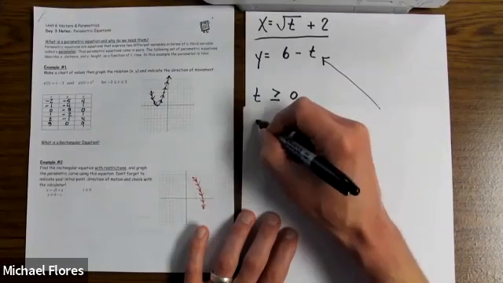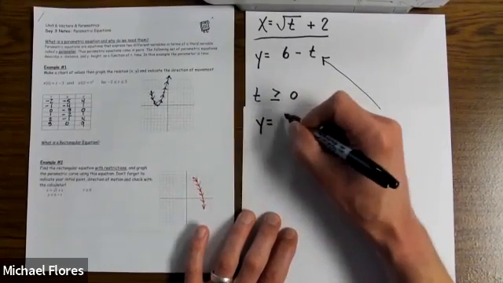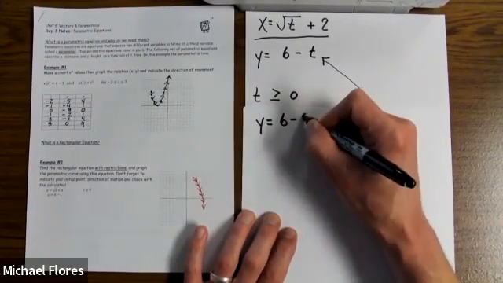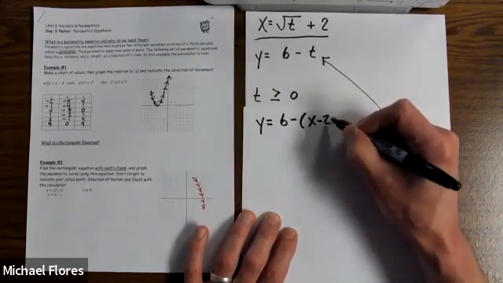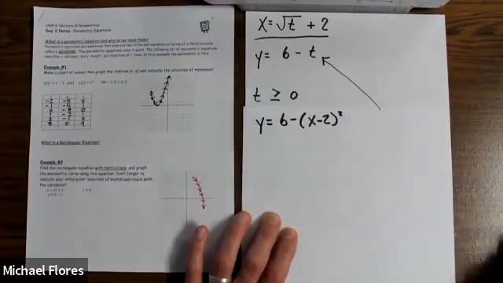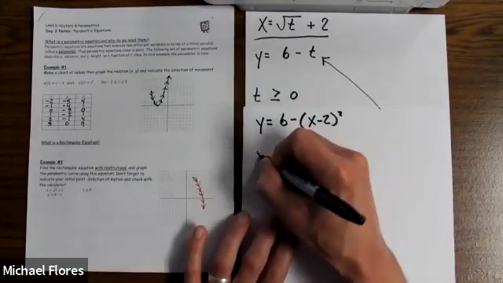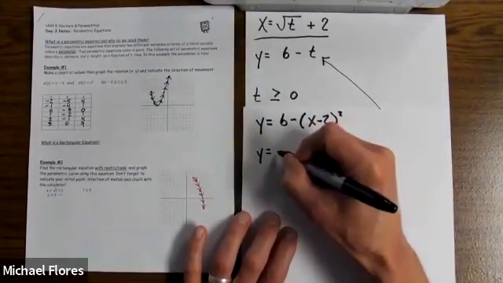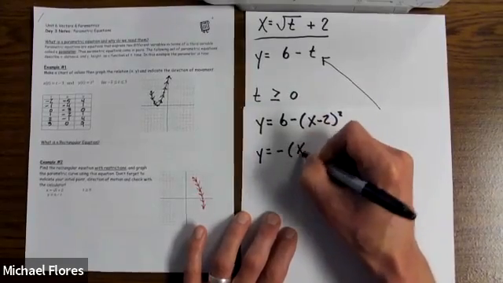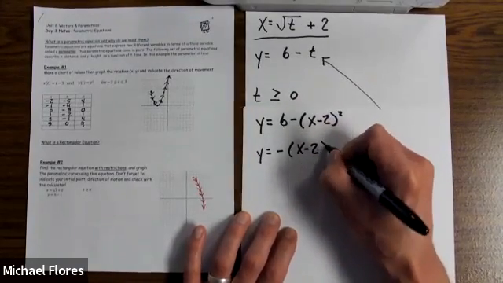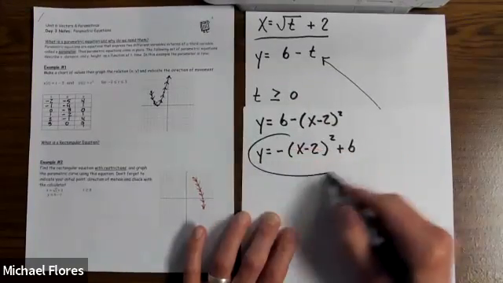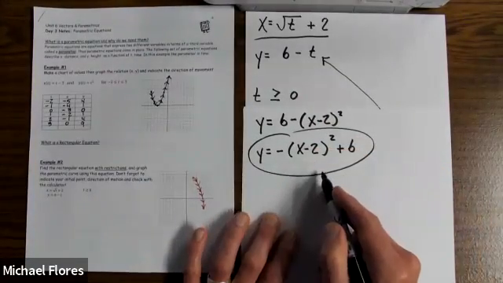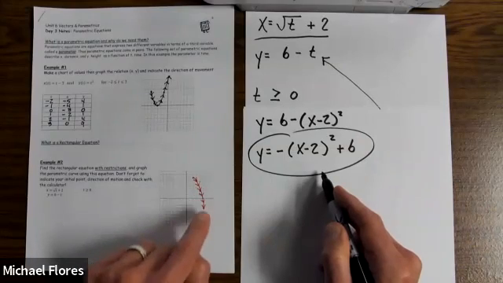So we have y equals 6 minus x minus 2 squared. We're more used to seeing it written in this manner, however. And this is the rectangular equation that would produce this graph.